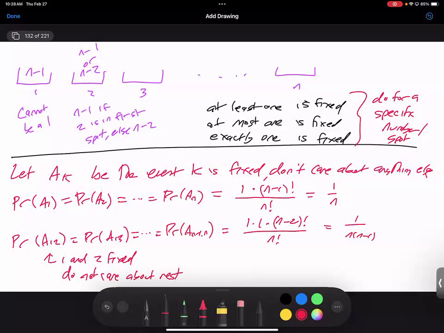So it always comes down to what event is easy to calculate. And here, if I tell you, I only care about specific numbers, I can calculate the probabilities that those numbers are fixed. Now, is it possible that 1 and 2 are fixed and 2 and 3 are fixed? Yeah. And in fact, if 1 and 2 are fixed, it's a little bit more likely that 2 and 3 are also fixed, because you know 2 is already fixed and you know 1 is not available to go to 3. Okay.